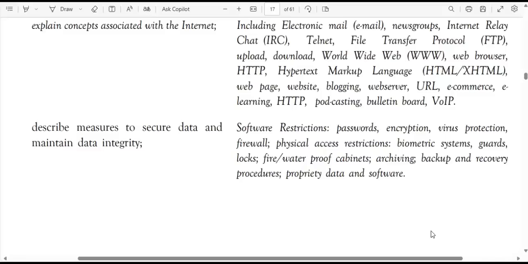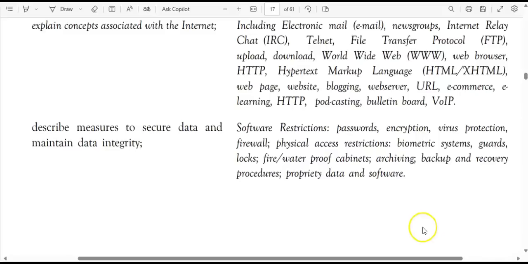Example, storing legal contracts, employees' records, or backup disks in fireproof, waterproof filing cabinets. So if there's a fire, the cabinet is still there standing with the documents. If it's water, the documents will not be destroyed because the cabinet is waterproof.